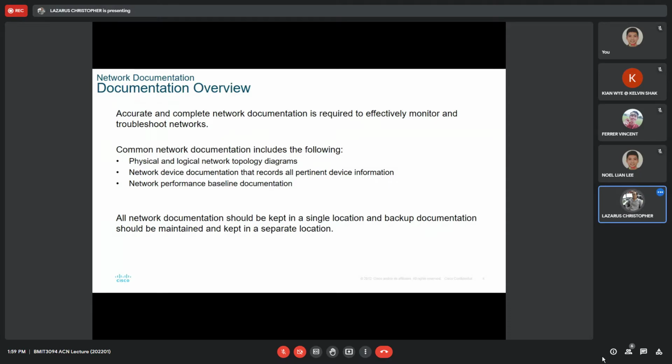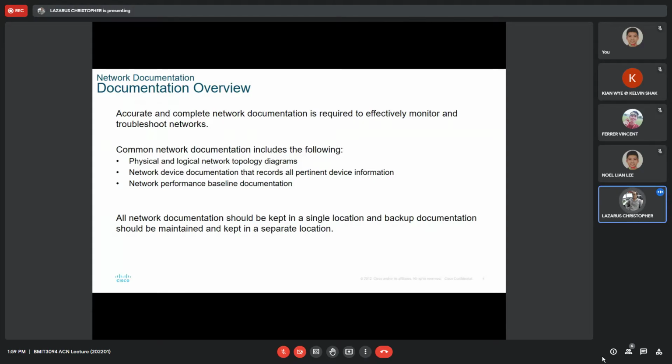Okay, so if you are troubleshooting by layer model, if you start with the physical layer, you will look at the physical topology. If you start from the logical layer, then you will look at logical network topology diagrams. All network documentation should have this topology diagram, right? And then you must have device documentation. So for each device, you have that information.